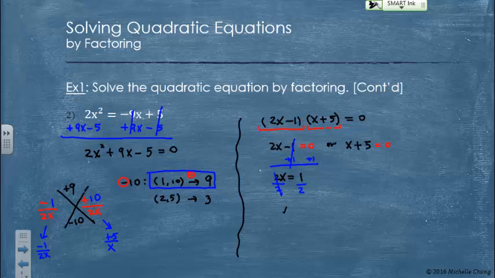So the first solution is 1/2. Second one, subtract 5, subtract 5. So x equals negative 5. So now we can say the solution is negative 5 or 1/2. Or you can write it in set notation, negative 5, 1/2.